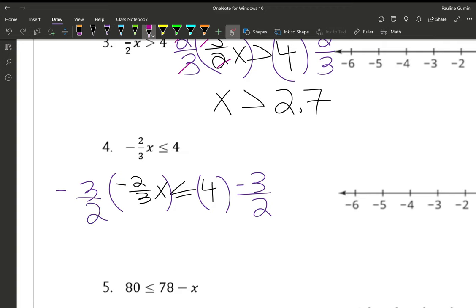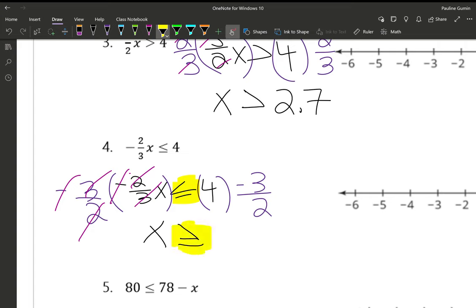Okay. Let's try that again. On the left, the 2's, the 3's, and the negative cancel. All we're left with is an x. Now I am multiplying both sides by negative 3/2, so my symbol flips. Check it out. It faced this way. Now it's that way.